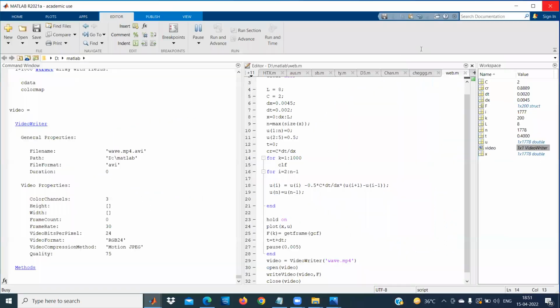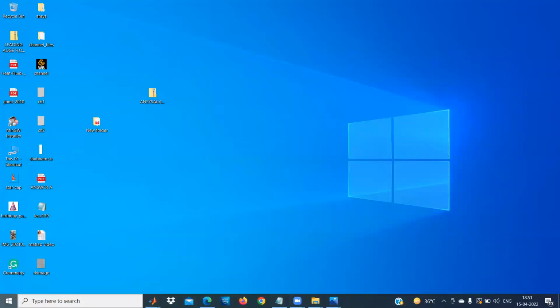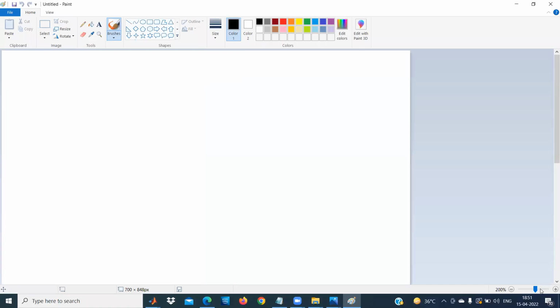Okay, I have to use the pen. So actually the wave was like this: I have given the amplitude of the wave at the 3 node, and at other places it was 0, right?